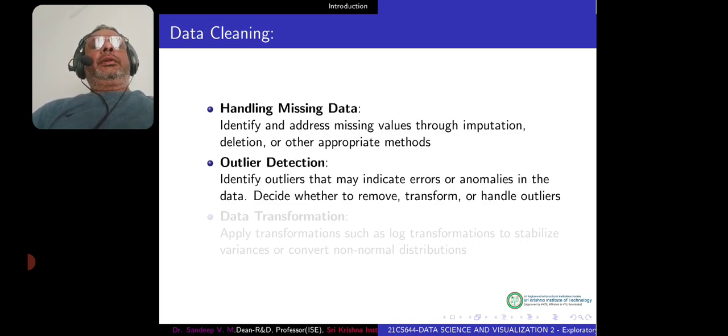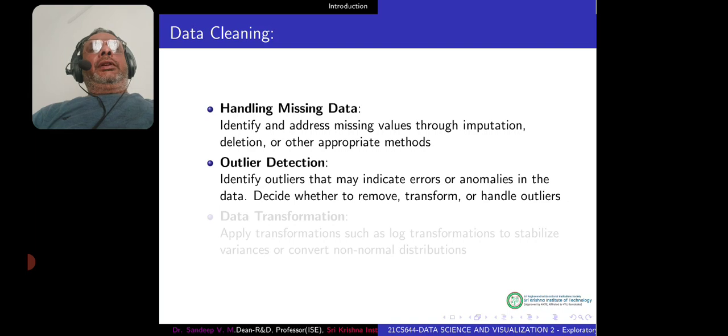The next problem is outlier detection. When we are collecting the data, it's not necessary that every data we get is perfect. Some data may be noisy, and because of that, the data values may be too far away from reality. In such cases, it becomes easier for us to remove such data.